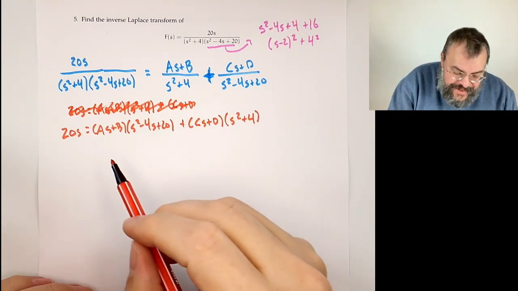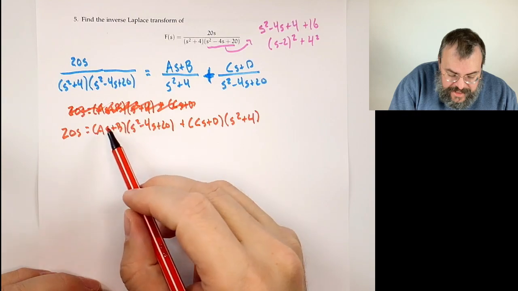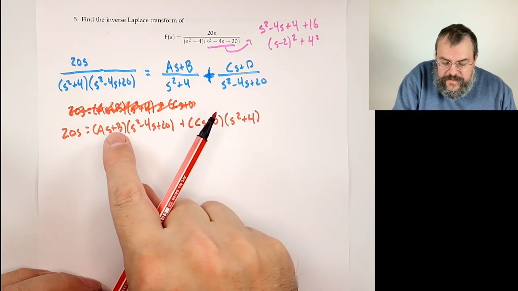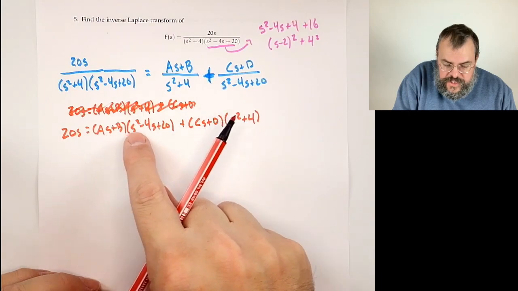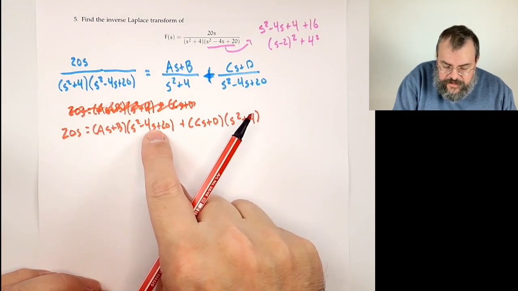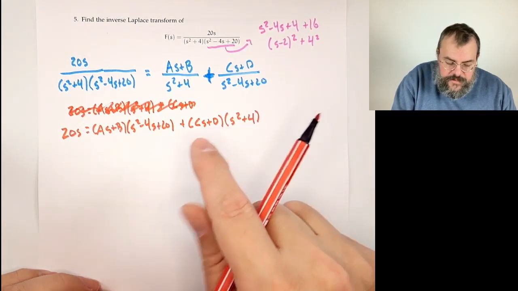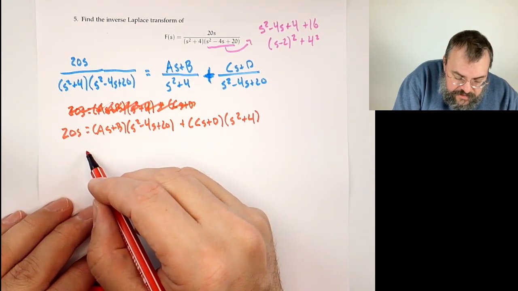Wow. Okay, so multiply this out. As times s squared. When we talk about FOIL, really we just said take every possible choice here, multiply by every choice there. So there's going to be like 6 terms here, because there's 2 choices times 3 choices, and 4 terms there. So there's going to be a lot of pieces here.